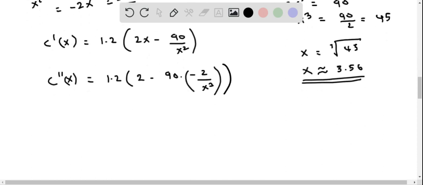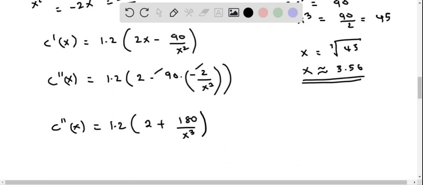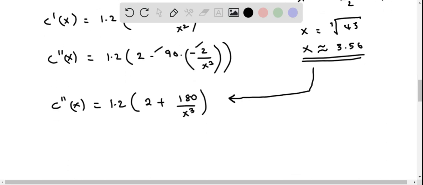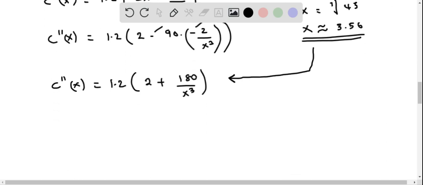Let's simplify this. So we have the second derivative of the cost function. This equals 1.2 times, we have negative and negative, so they become positive. So it is 2 plus 90 times 2, which is 180, divided by x cubed. Now we have to use this critical point and plug it here. And when we do that, we can easily see that it is going to be positive.